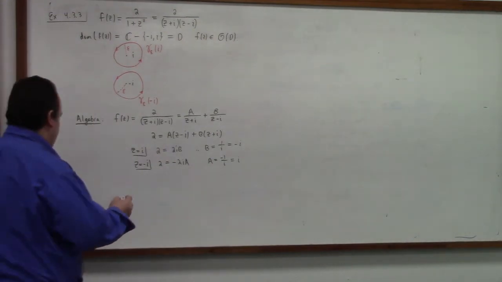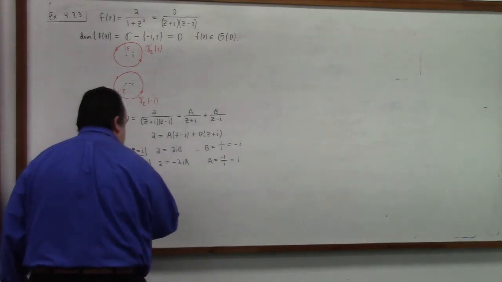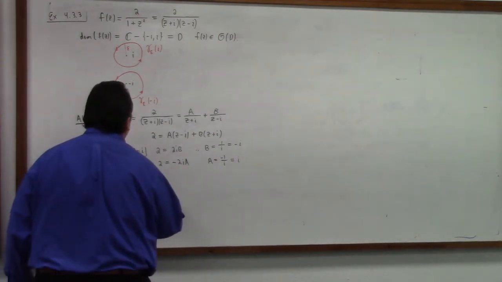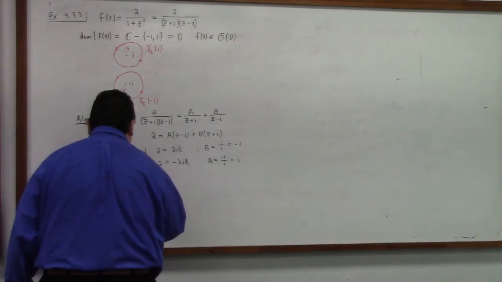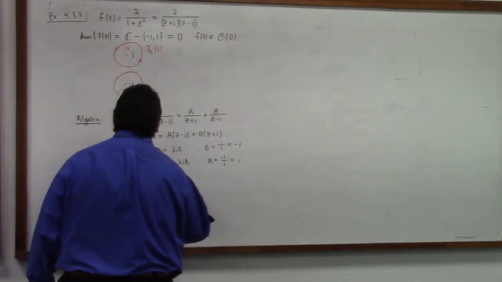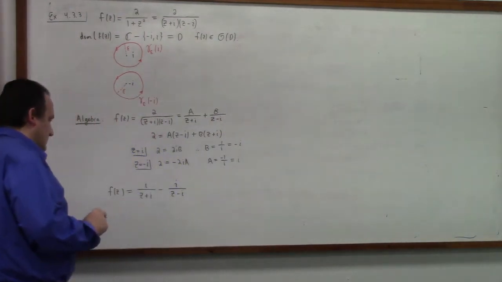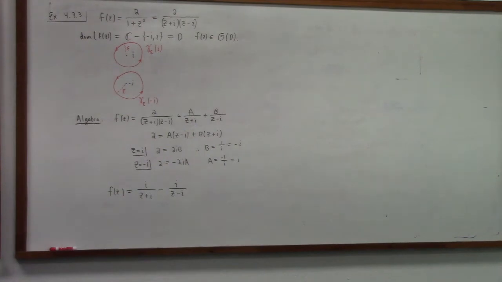So I'm correcting the notes at the moment: f of z is equal to i over z plus i, minus i over z minus i, yeah? Or did I make a mistake here? I feel like I should work it out.